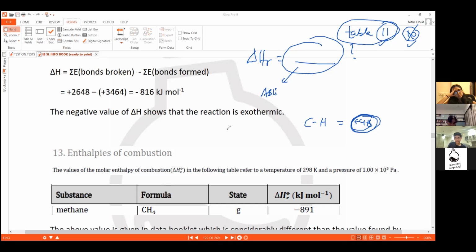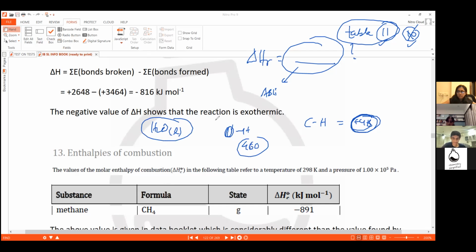Second thing, if I'm referring to the O-H bond, suppose it is 468. But the O-H bond in the equation is in water, which is liquid.